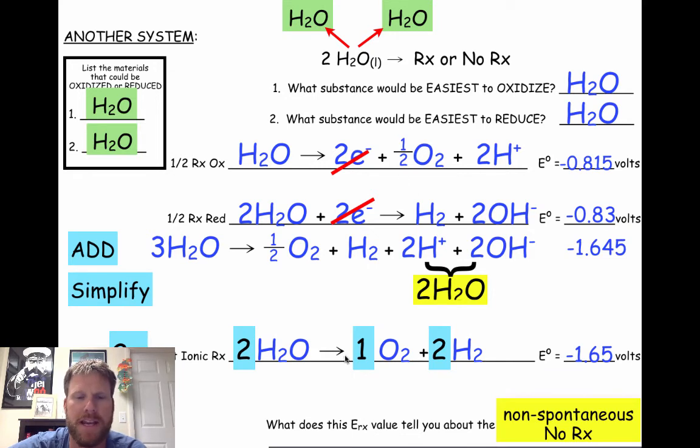Water will not spontaneously break down into H2 gas and O2 gas. However, what I'm about to show you is if you put some electrical energy into this reaction, into the water, and supply this negative 1.65 volts, you can actually make this reaction spontaneous.